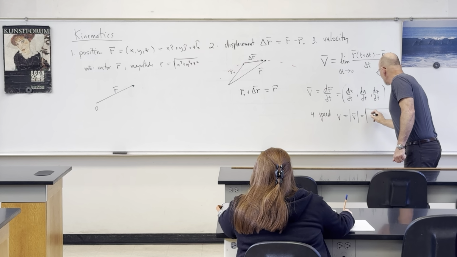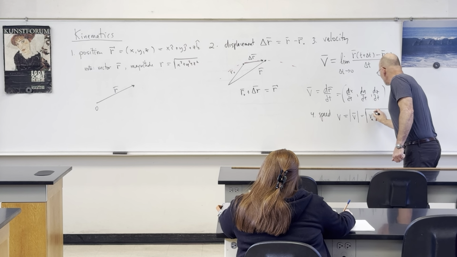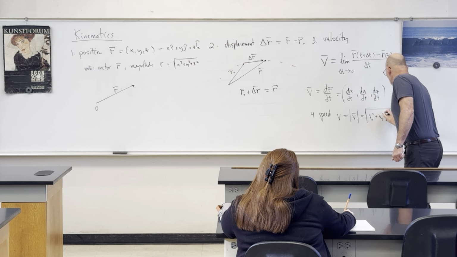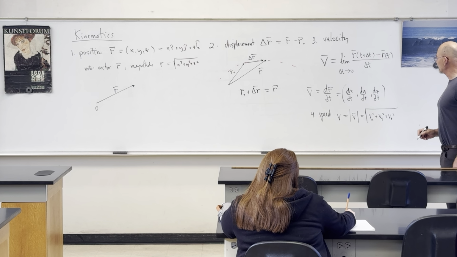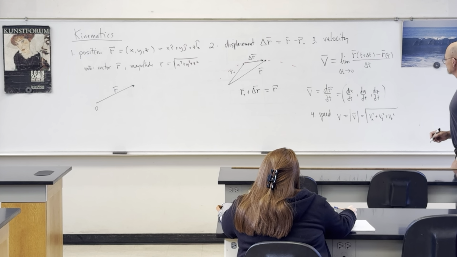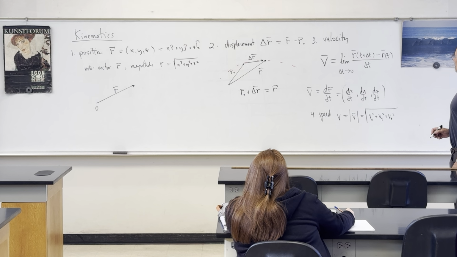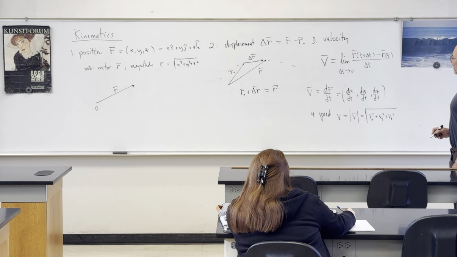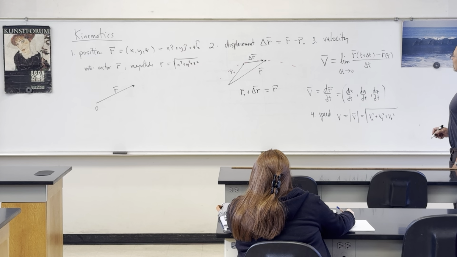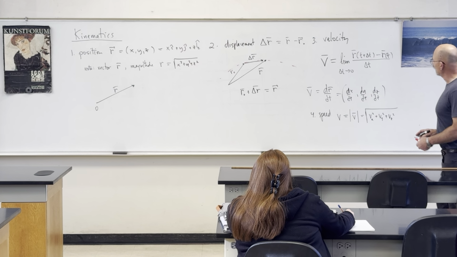And I'm going to do this: the square root of vx squared plus vy squared plus vz squared. Just to get used to some of the nomenclature. So that's all there. And finally, of course, I wanted to put it on one board, but maybe I'll put it down here.